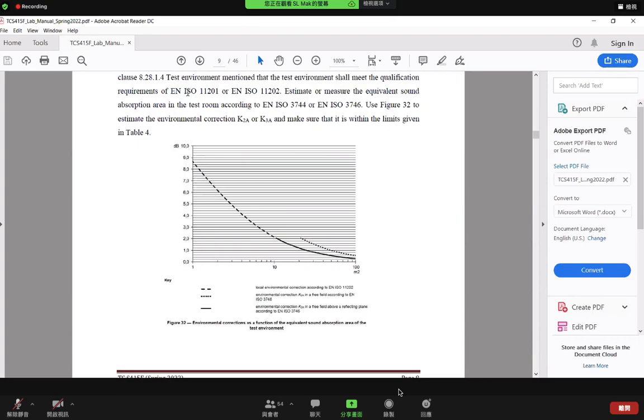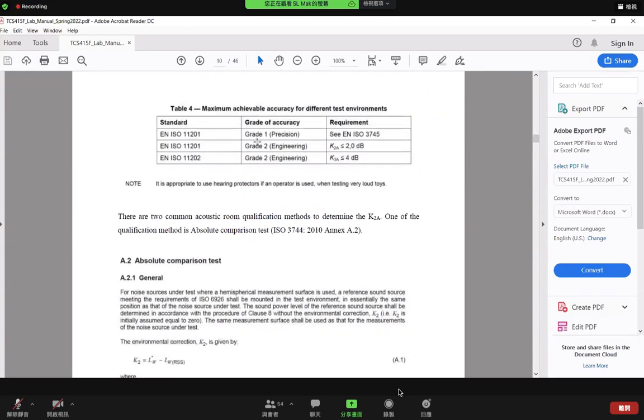ISO 11201 and ISO 11202 require us to calculate the environmental correction, K2A or K3A. If K2A is less than or equal to 2 decibels, then the acoustic chamber is grade 2, engineering grade, or K3A less than or equal to 4 decibels.